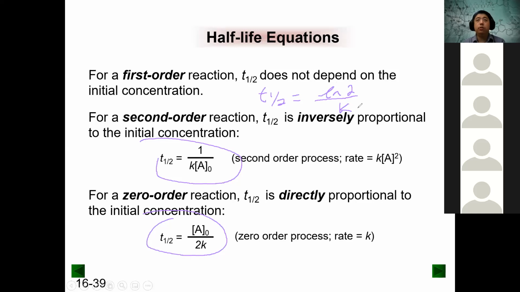So with that said, I want you to look at all 3 of these half-lives and tell me something that they all have in common. The rate constant, they all have a rate constant. Where is the rate constant in relationship to the half-life?